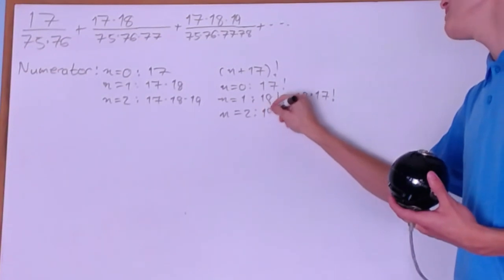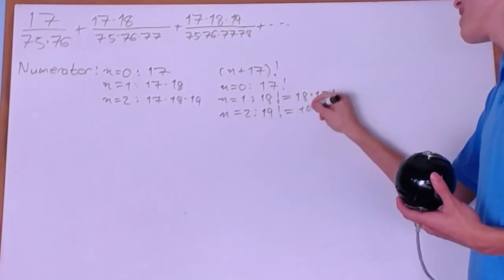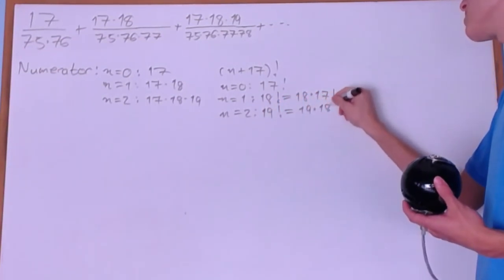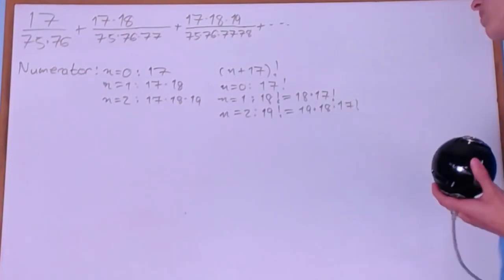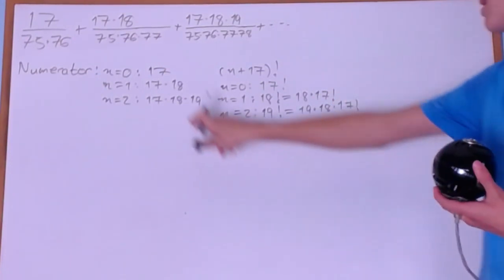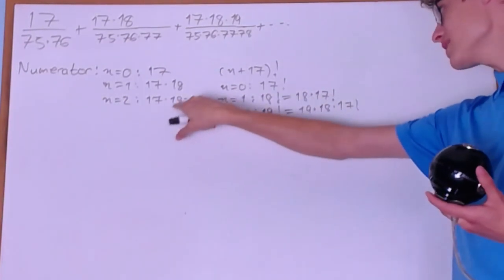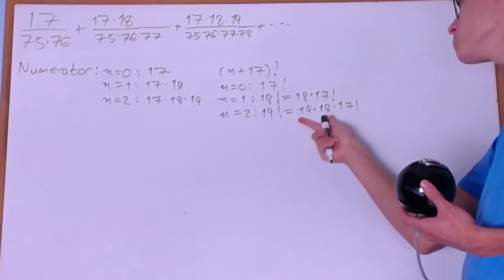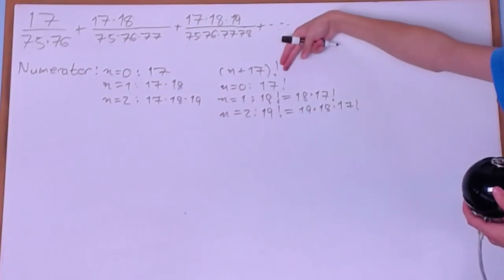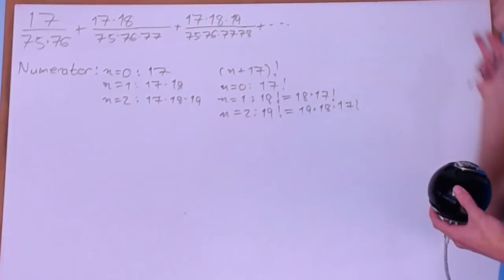Well, we'll have 19 factorial, which is 19 times 18 times 17 factorial. Now you can already see the similarities here, and you can see that we're getting the right values for what we're multiplying it by, but we're not getting 17, we're getting 17 factorial.